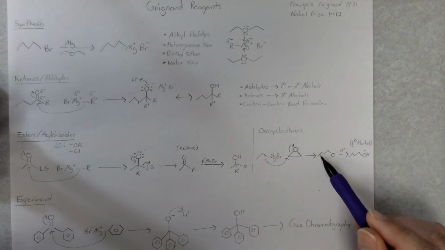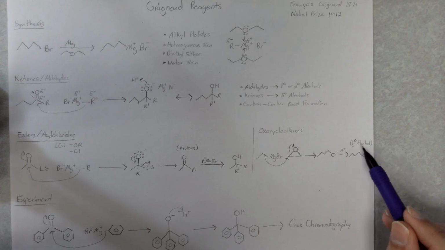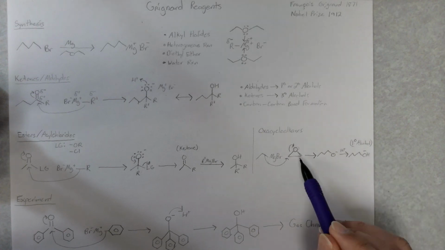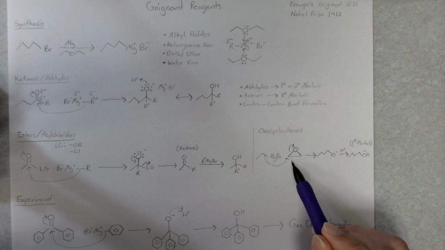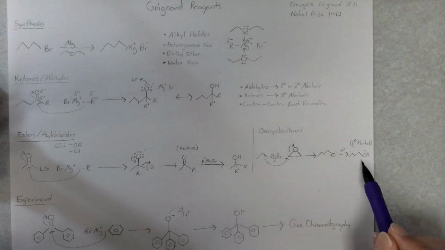And again, with a short product workup, as we've shown before, we're able to get our primary alcohols. So using different heterocyclic alkanes or cycloalkanes, we're able to form different primary alcohols.